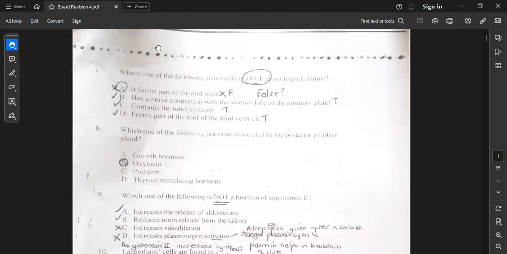I would go with B. A and B are out. Is it false or true? It's asking which one is true. Oh, yeah, which one is true? Yeah, true, right?